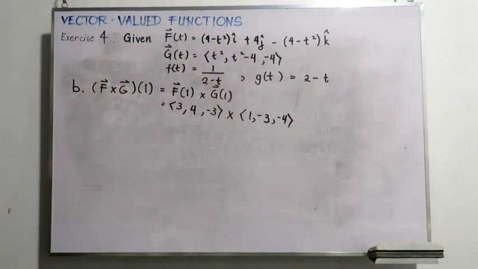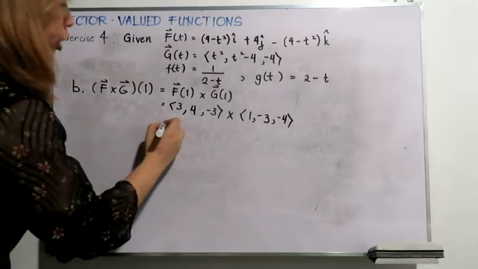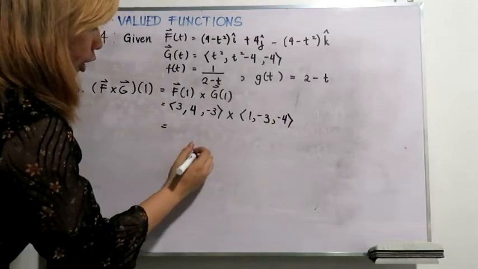If you remember the formula for the cross product, then you may proceed with the computation of the cross product of the two vectors. However, if you don't remember it, it doesn't hurt to set up the determinant matrix of the cross product.